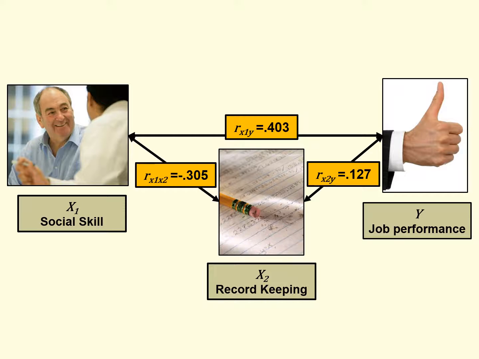But let's imagine that social skills and record keeping are negatively related to each other. This could be a classic situation for suppression, where the effect of one of these predictor variables would only show up or would be strengthened when the other predictor variable was entered into the model.